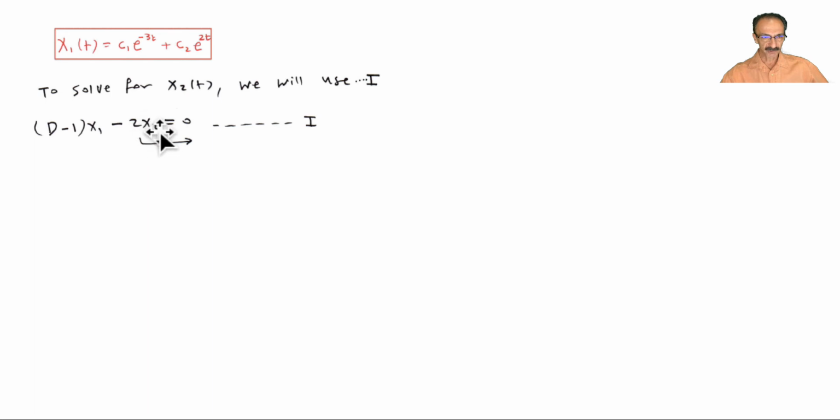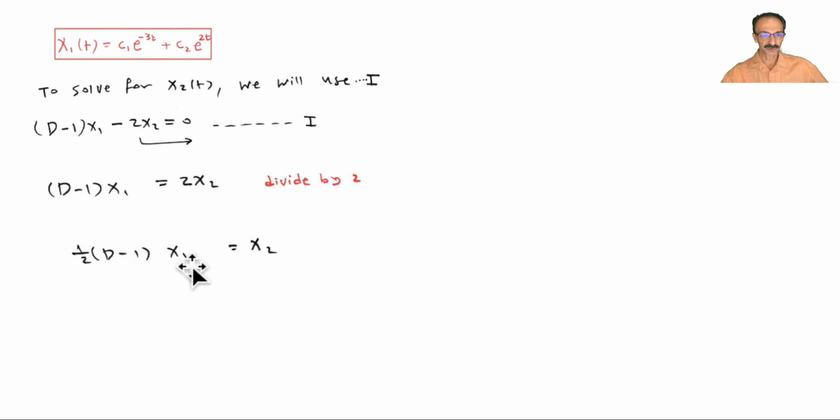Since my focus is on x2, I'm moving it to the right side. I have it positive now. I'm going to divide both sides by 2, which means x2 equals half times d minus 1 x1.